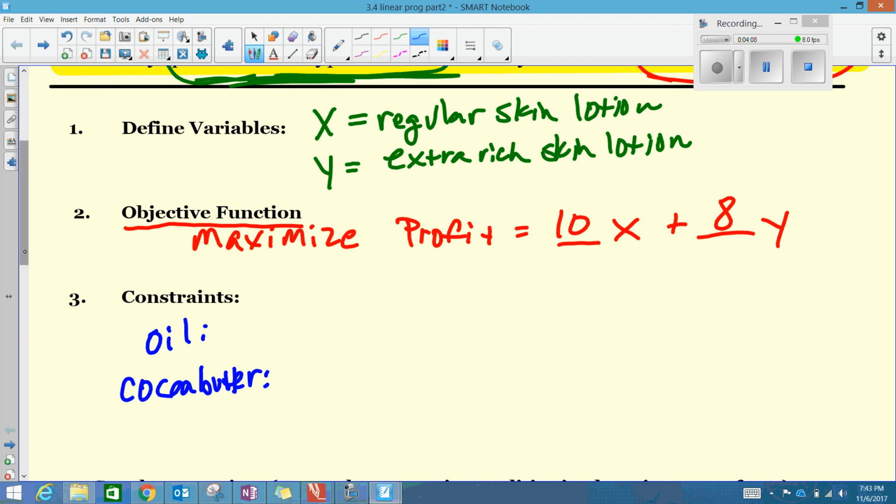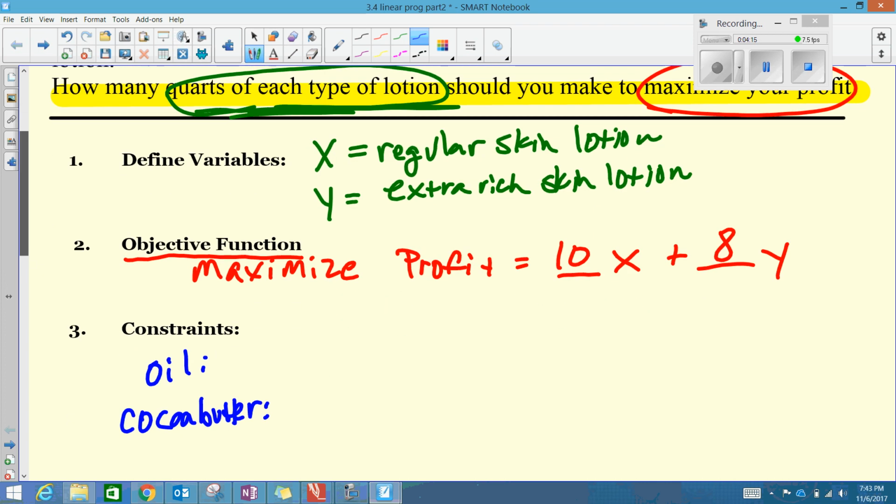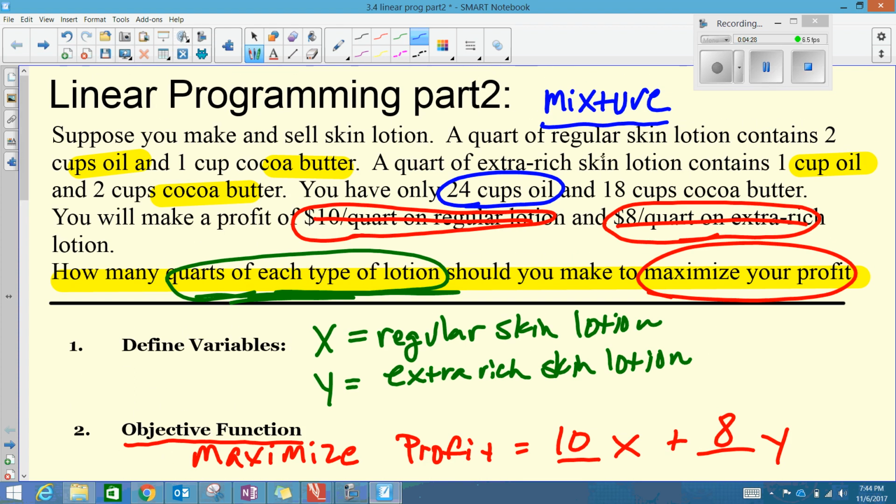So if we look at oil, we only have 24 cups oil. So we know no matter what oil we use, we have to be less than or equal to 24 cups, right? We cannot go over that. Now, we need oil for both regular and extra rich skin lotion. So now our constraint on oil is going to take into account everywhere we see the word oil. A quart of regular skin lotion contains 2 cups oil.